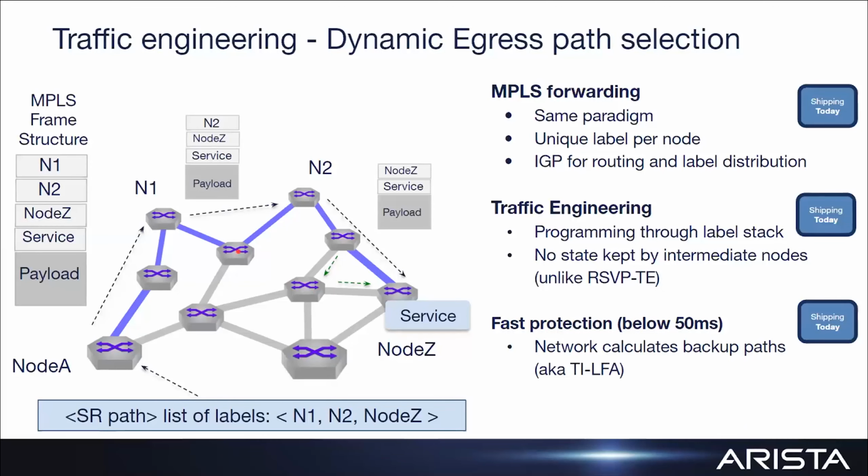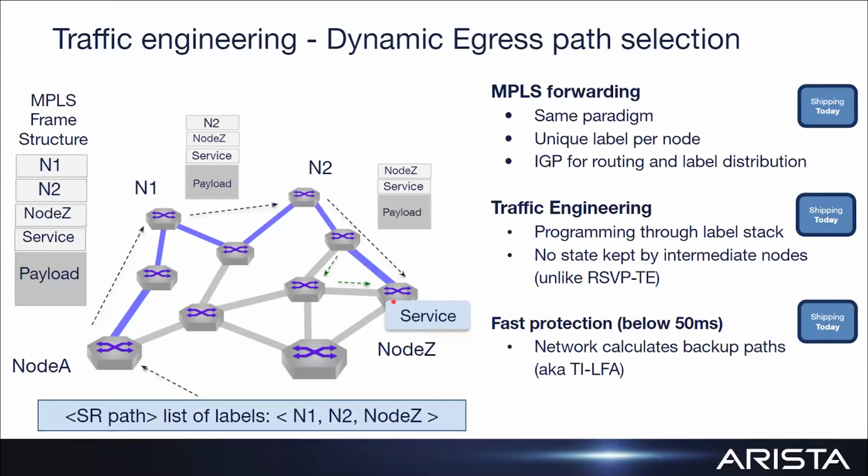Thus, you just need to provide a stack of labels with the list of the nodes you want to traverse. Then you throw such a frame into the segment routing network and the job is done. The label stack will be processed hop by hop, removing the top label until the frame reaches its final destination.